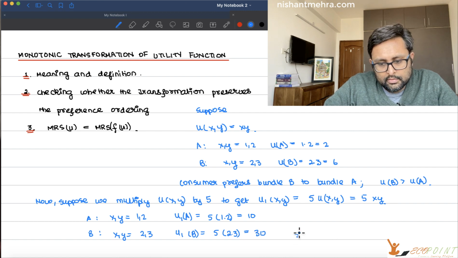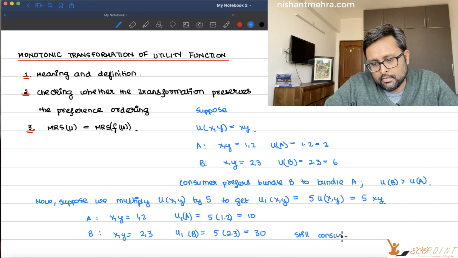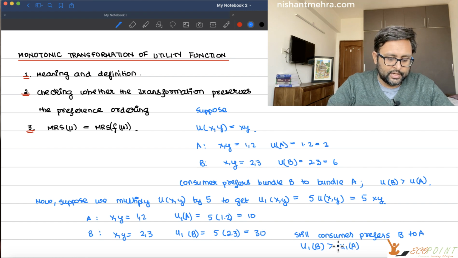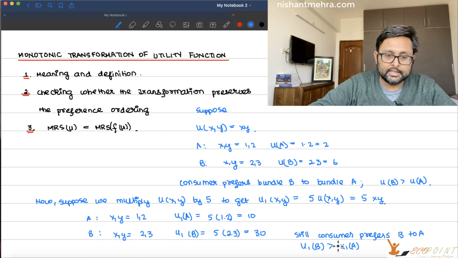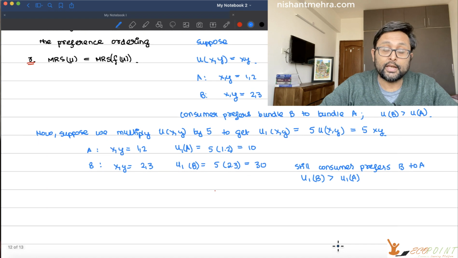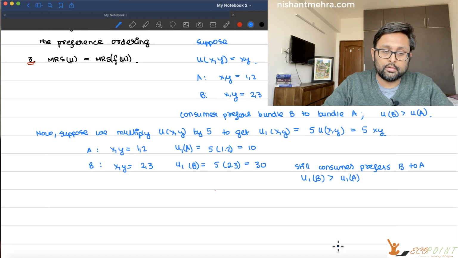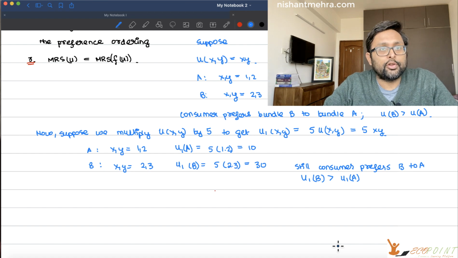So still consumer prefers B to A, since the utility which you get from bundle B is more than the utility which you get from bundle A, even though it is a transformed utility, the preference ordering is maintained.